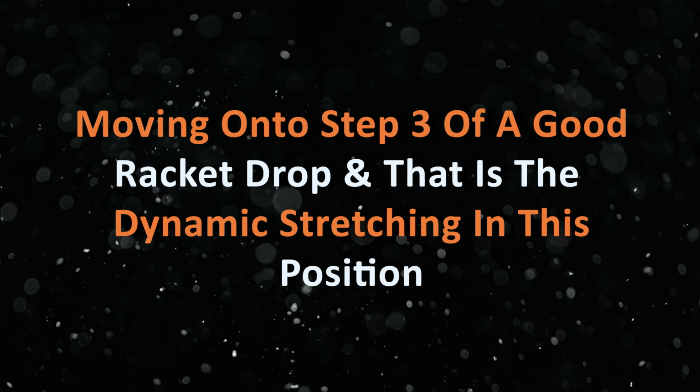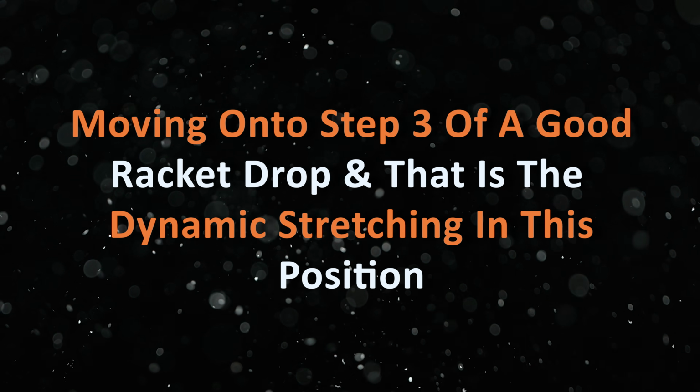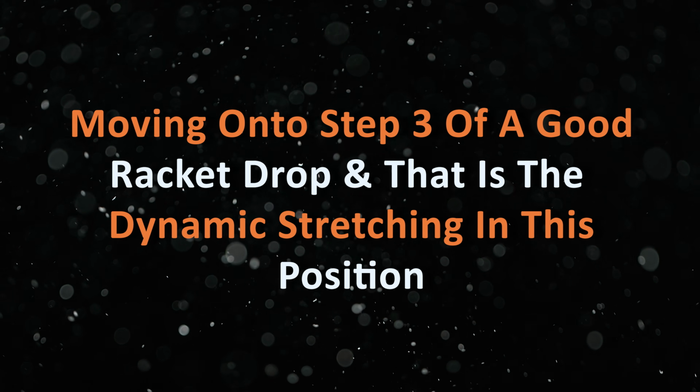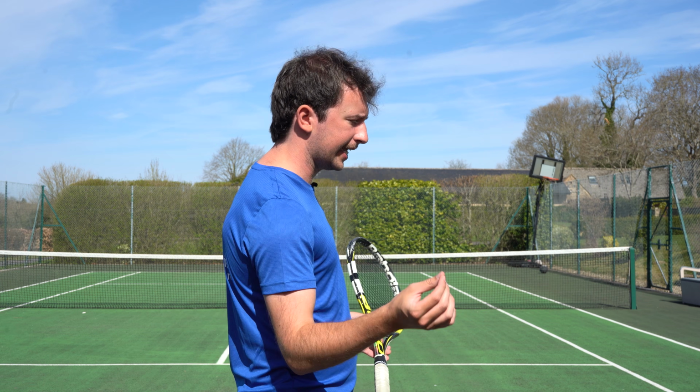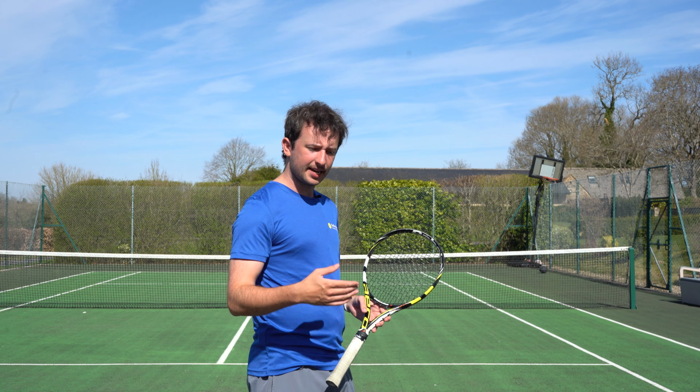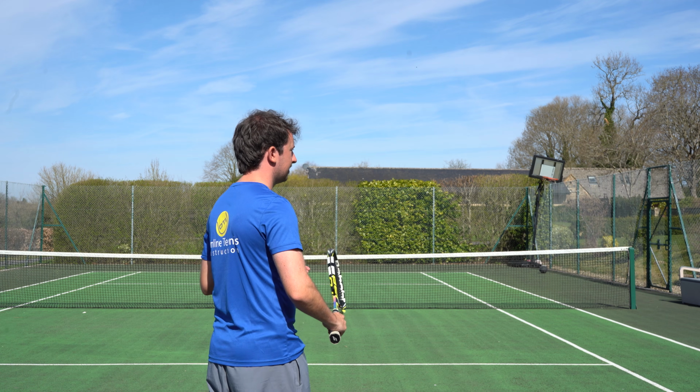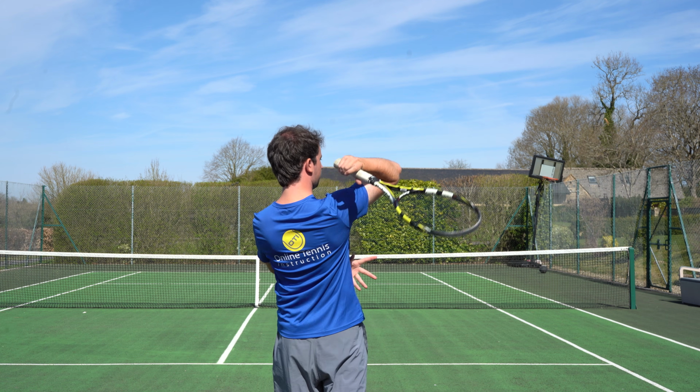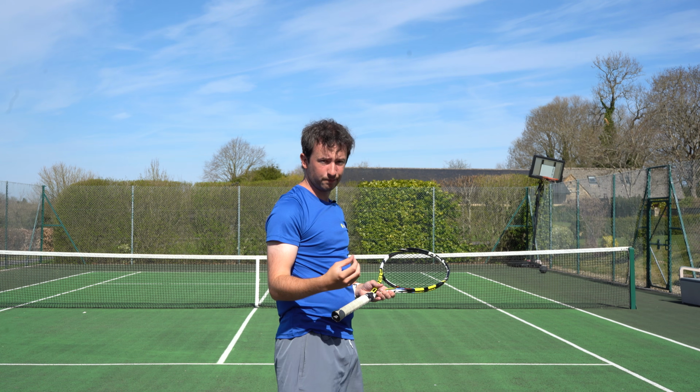Moving on to step 3 of a good racket drop, and that is the momentum and dynamic stretching in this position. Now, the final thing you have to realize with the racket drop is it's a dynamic position. And what I mean by this is you want to move through this racket drop with momentum.